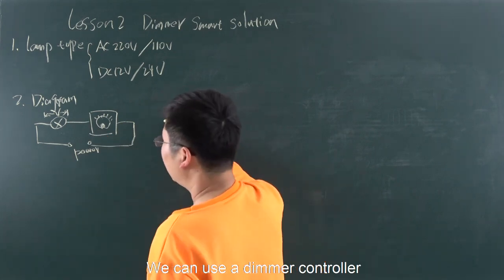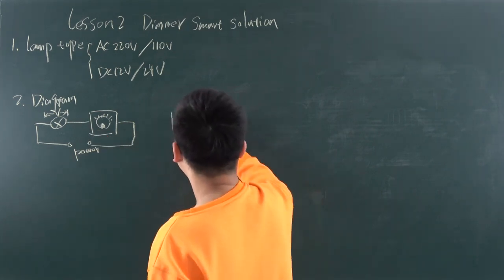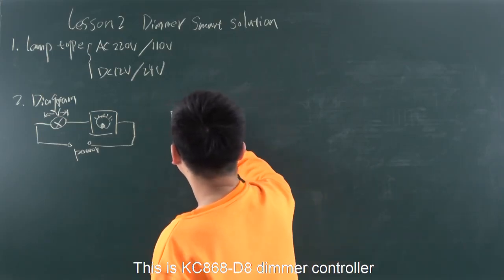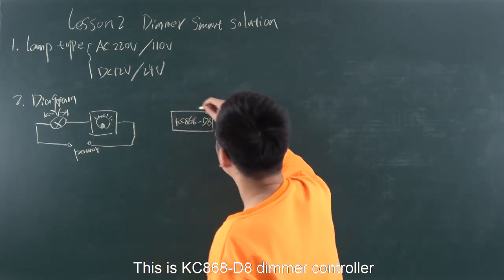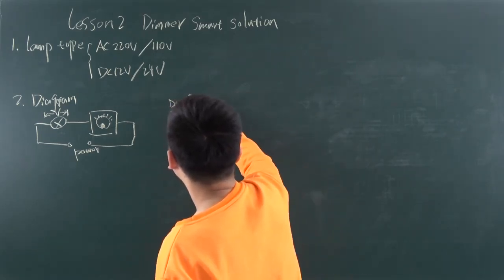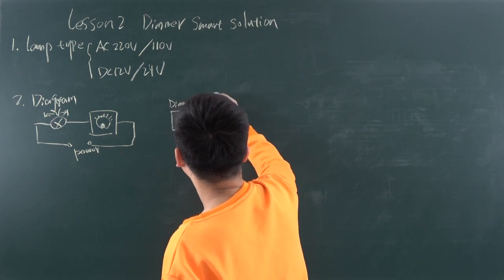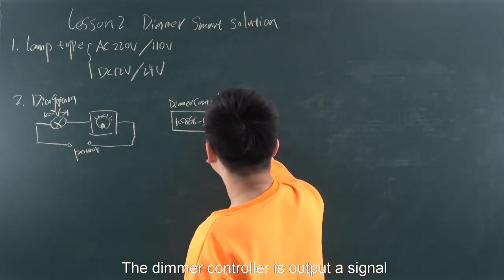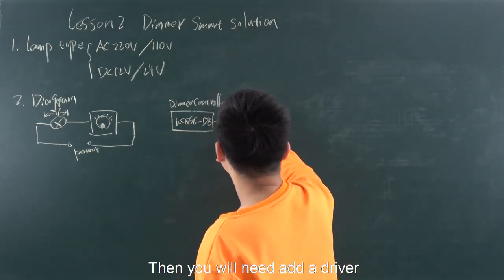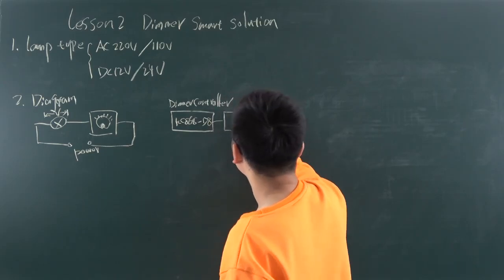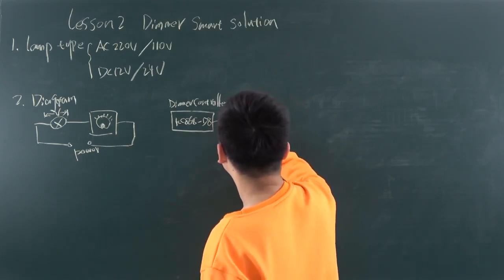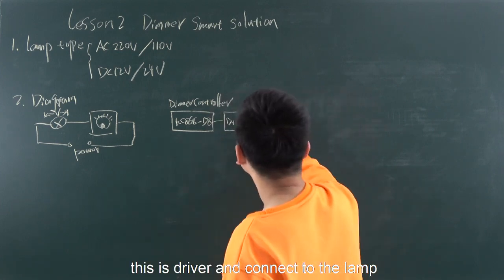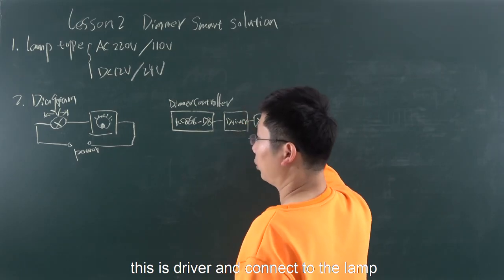So we can use a dimmer controller. This is the D8 dimmer controller. The dimmer controller outputs a signal, then you need to add a driver. This is the power driver, and it connects to the lamp.